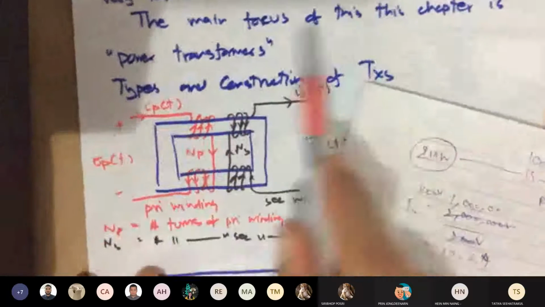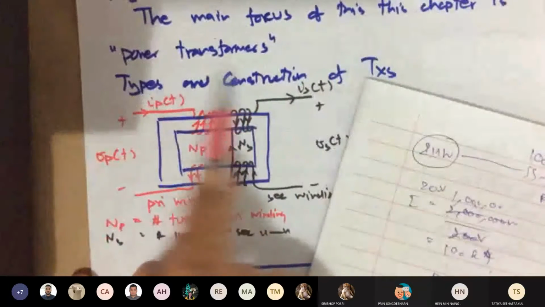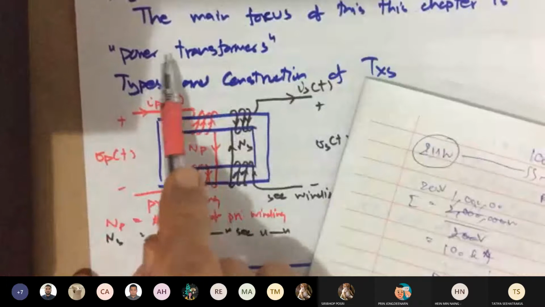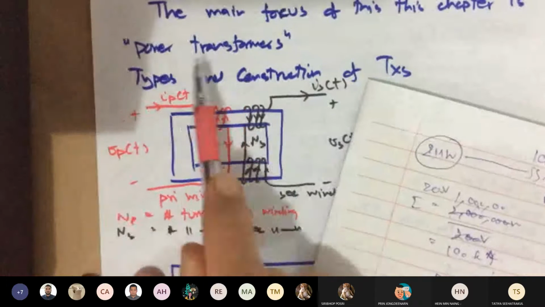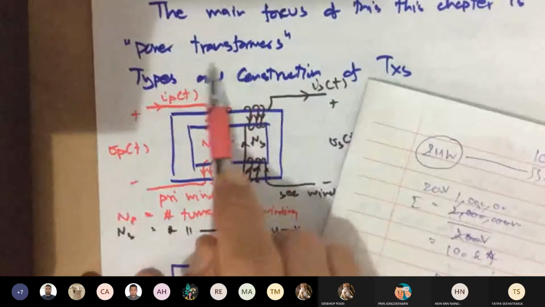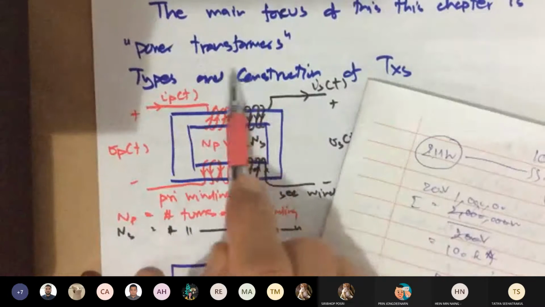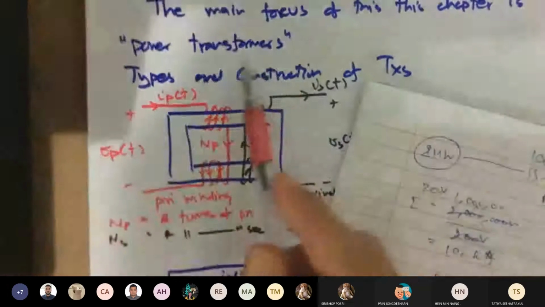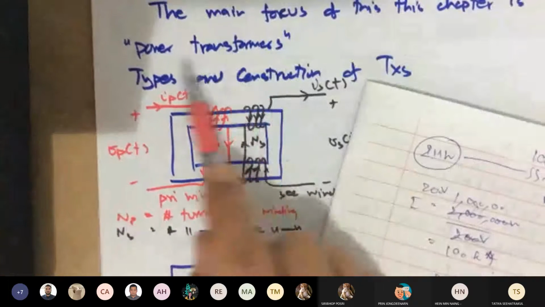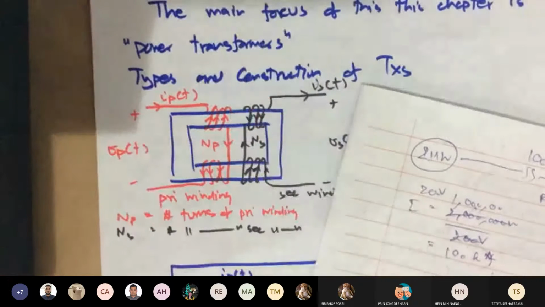So our main focus in this class is power transformers, the huge, big ones that you can actually see when you travel within Bangkok or outside. So that's the reason why we do need transformers.